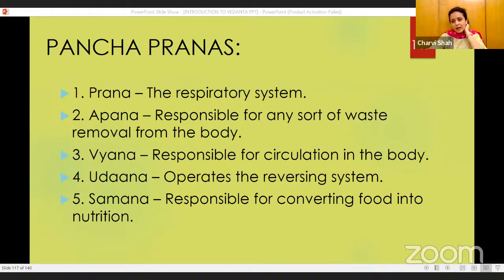And generally before eating, there is a practice of chanting this. A lot of people say: Pranaya Swaha, Apanaya Swaha, Vyanaya Swaha, Udanaya Swaha, Samanaya Swaha. So what are they doing? It is Annaprasanam, done before eating.